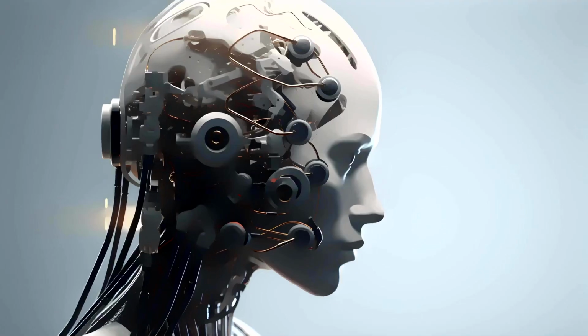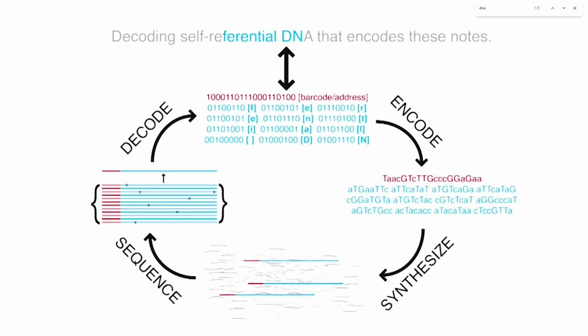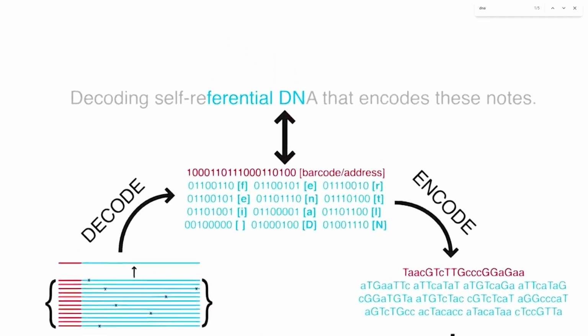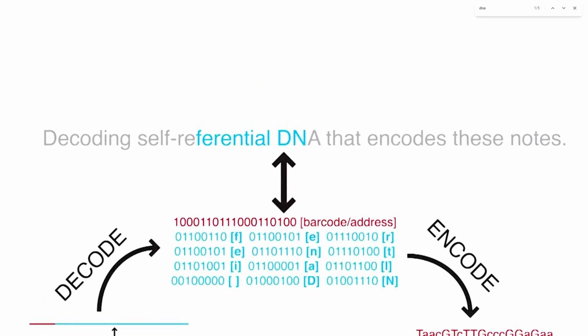The book we encoded was actually a book that George has written, and in the book is a section on this particular piece of work. So the sentence being shown in the image is almost a meta sentence from the book that says, decoding self-referential DNA, encoding these nodes.